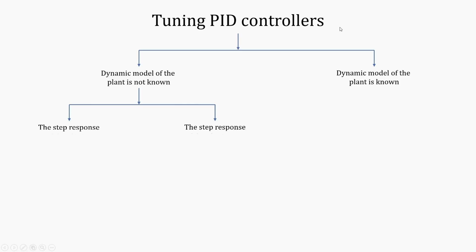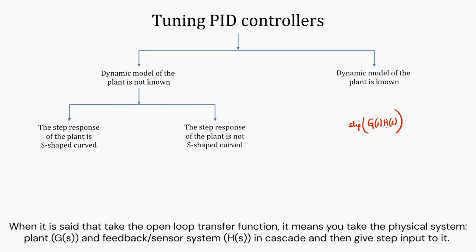Now, suppose you do not know the transfer function of the system, then you can have two cases again. One can be that the step response of the plant is an S-shaped curve. That means you find out the open loop transfer function G(s)H(s) and see what the step response of this system is.